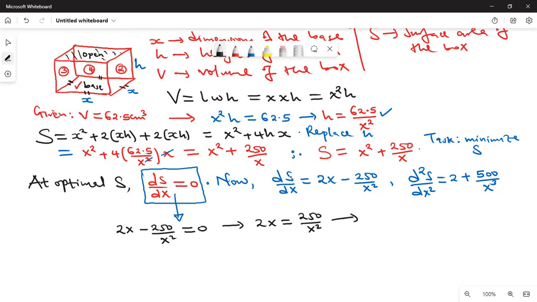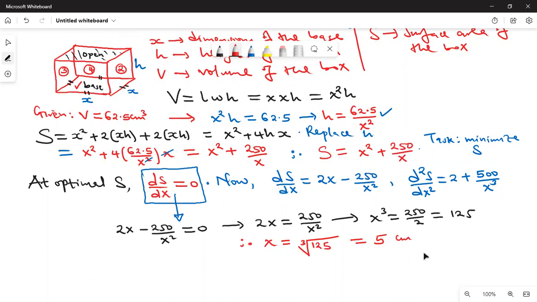Or you can write this as x cubed is 250 over 2. That is the same as 125. So you can now find x to be the cube root of 125. So therefore x is the cube root of 125, which is 5 centimeters.